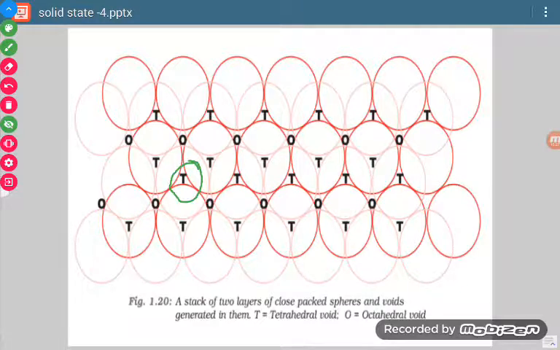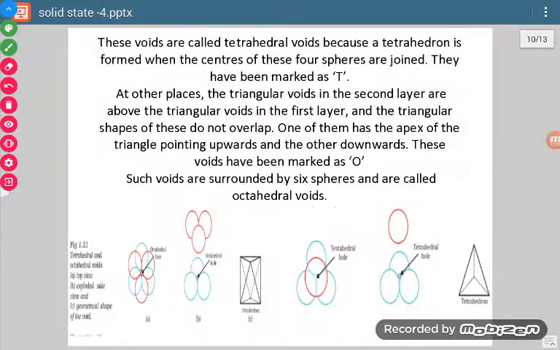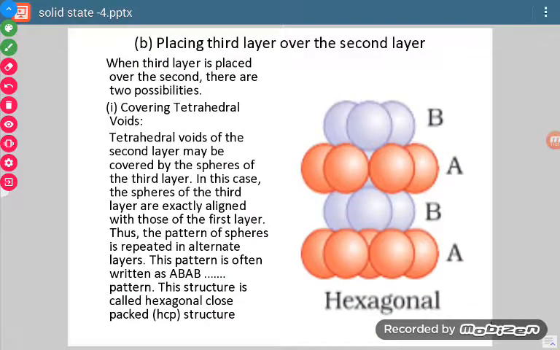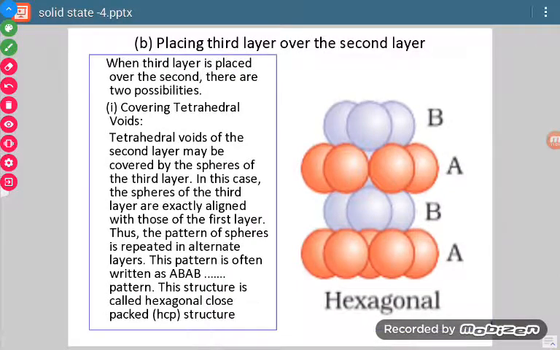This third sphere and this first sphere will be on the same axis. Only the middle layer will have spheres somewhere else. Okay, but third and first will have their centers on the same axis. So first and second are different, but third and first are the same. So this is called AB AB AB type of packing. Okay, this will be AB AB type of packing.